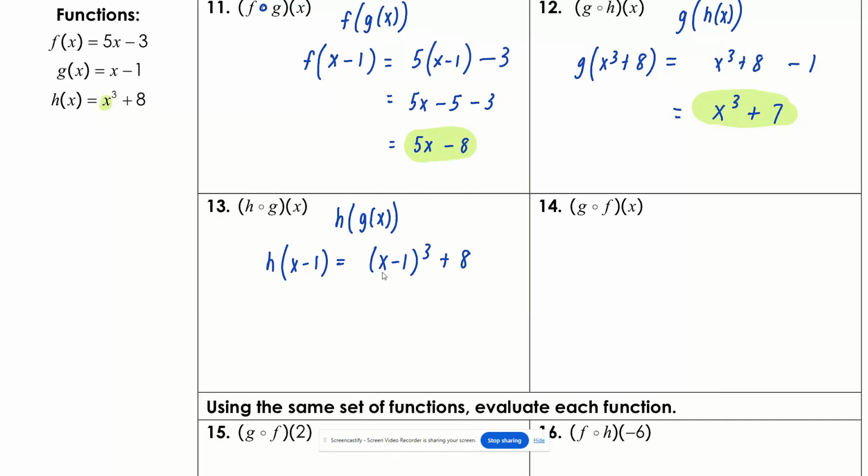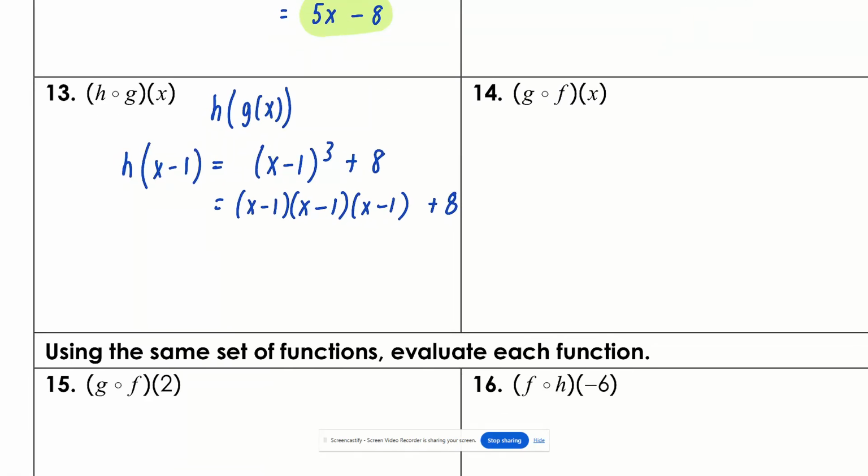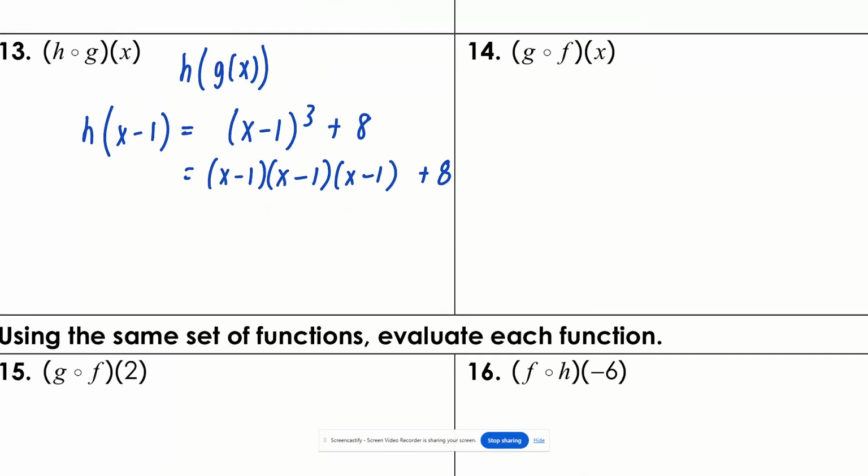Now this problem's pretty tricky because that means I've got to do (x minus 1) cubed. Now don't forget about that plus 8. It's still there. But I got to do all kinds of multiplication. So that's quite a bit of work. Let's get started.